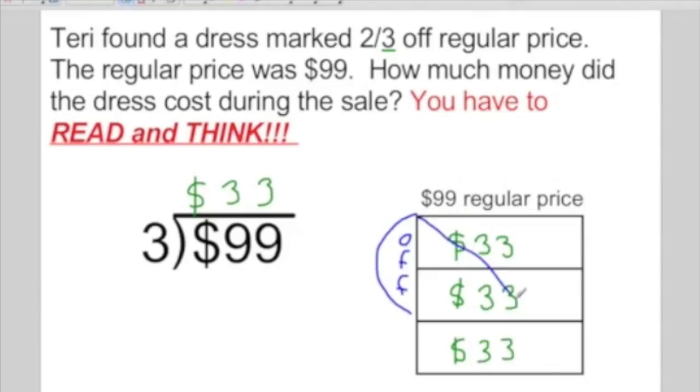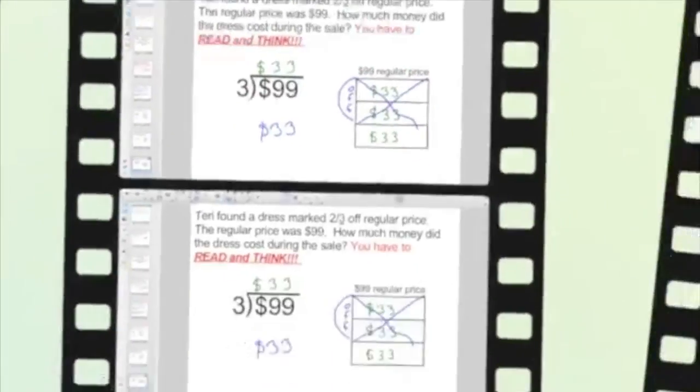They took 2/3 off the price. What's left for the price? $33, right? Again, we're not going to multiply by the numerator that time because setting it up in the diagram really helps us think and see it when we read it carefully.